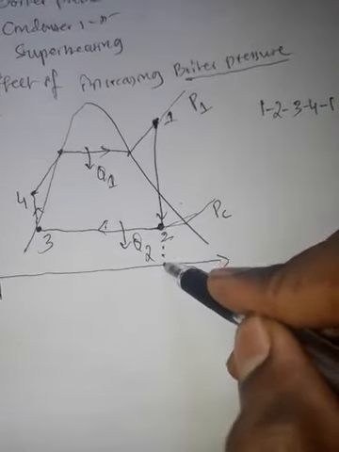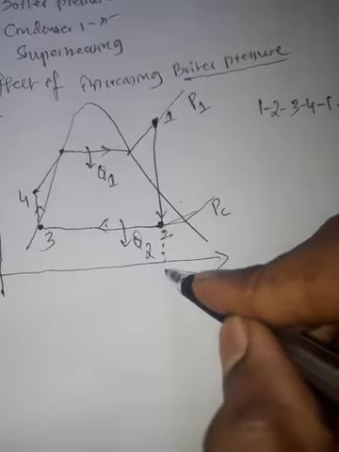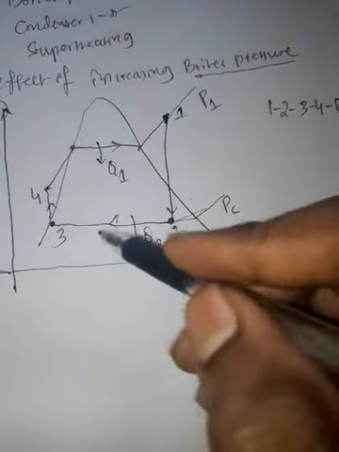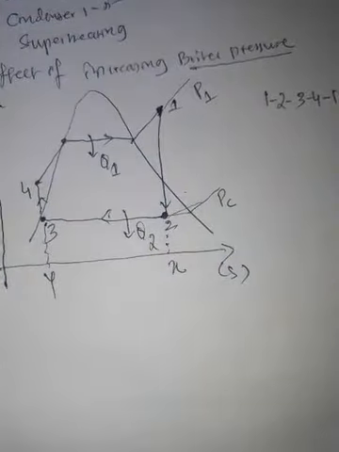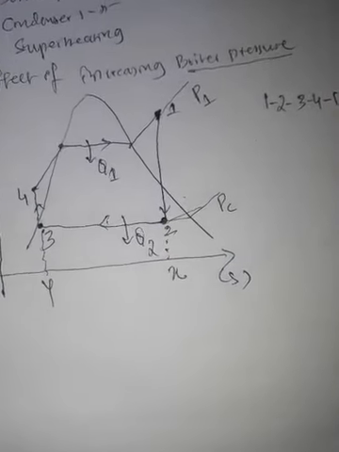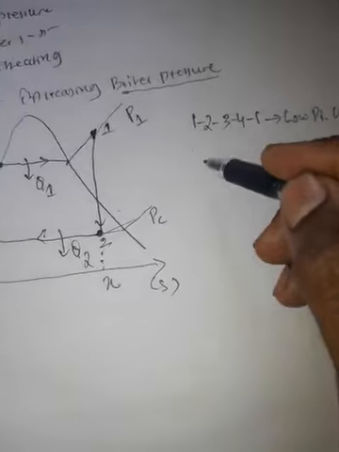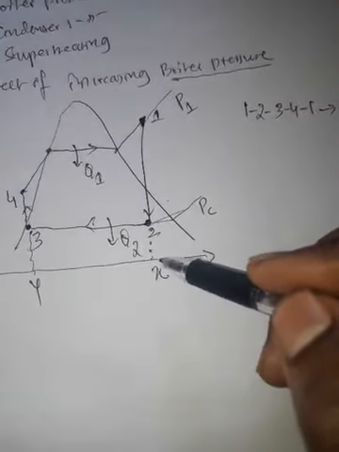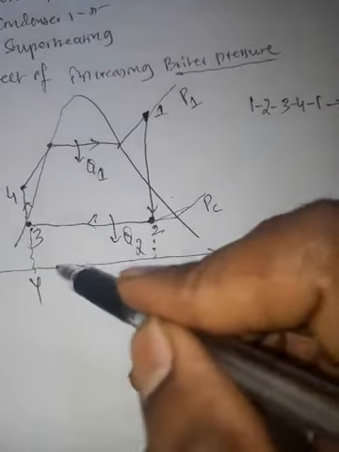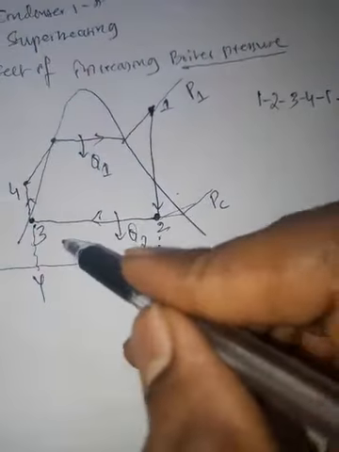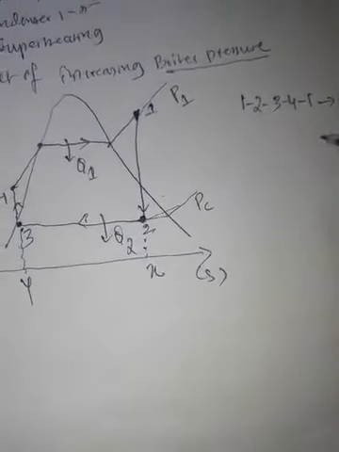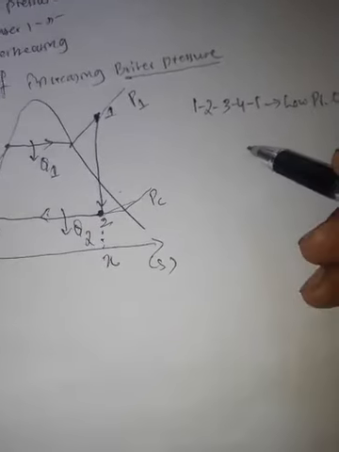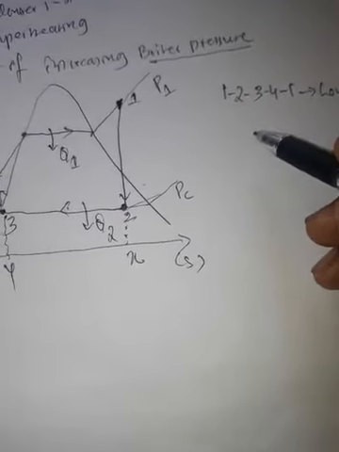So I will take this as X point and this as Y point. Now the area 2xy32, that is this area represents heat rejected in this cycle as per basic thermodynamics.